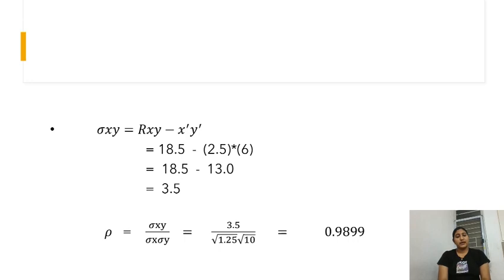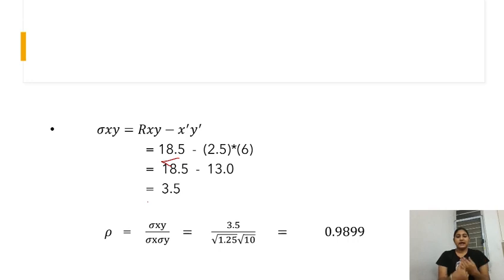Sigma xy equals Rxy minus x bar into y bar. The Rxy, expectation of x into y, is 18.5. We saw that. Minus x bar 2.5 and y bar 6. 18.5 minus 13 equals 3.5.